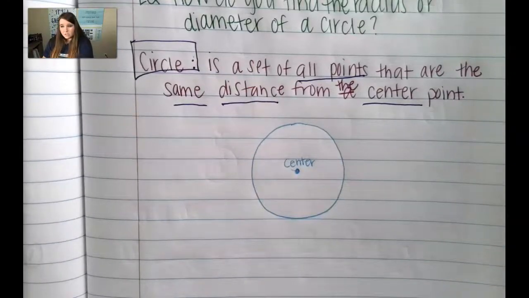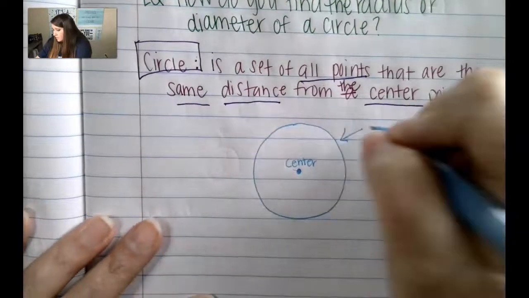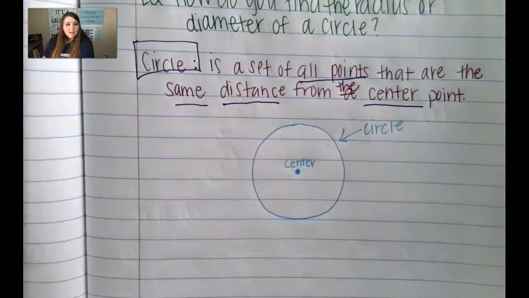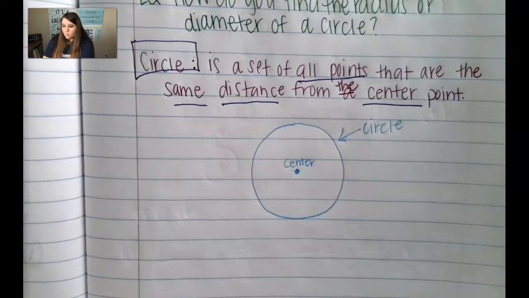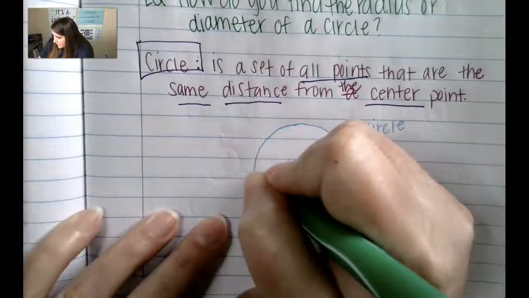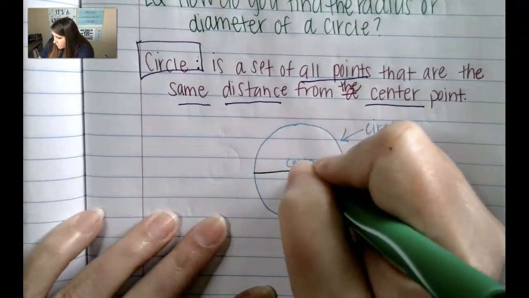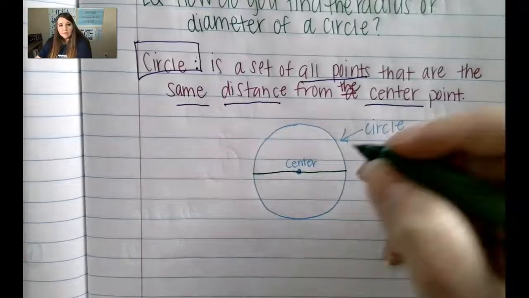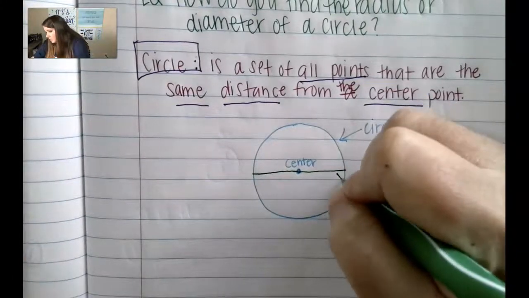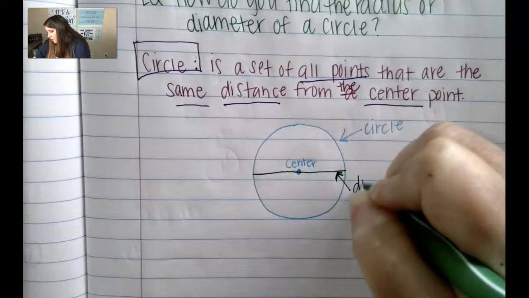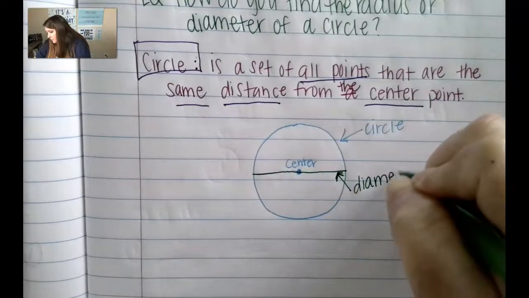In a circle, so here's our circle. Here is our center. You have what we call a diameter. The diameter runs through the middle of the circle. So the diameter is this line right here. We call that the diameter.